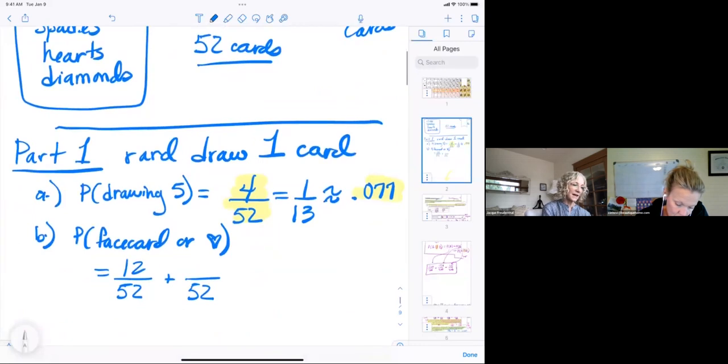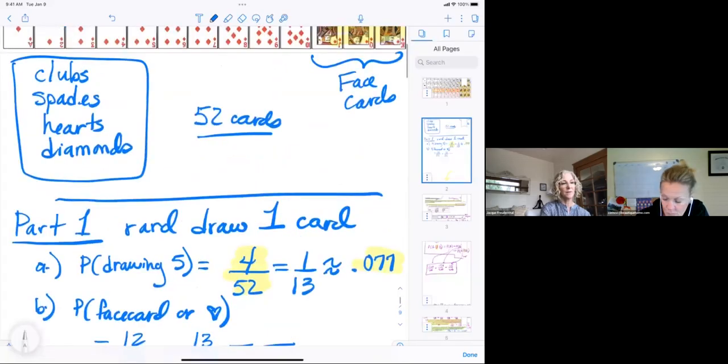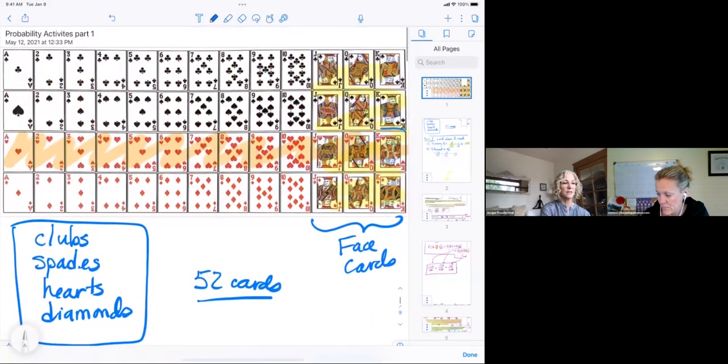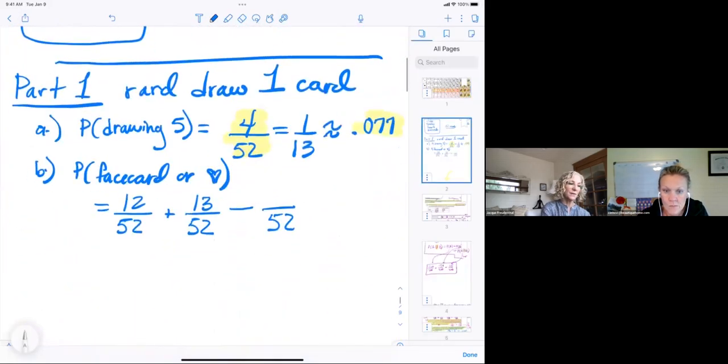So 13 out of 52 is the probability of drawing a heart. But I just counted hearts that were also face cards. I counted the Jack, Queen, King twice. So I need to subtract off those 3 where they overlap, where they intersect.